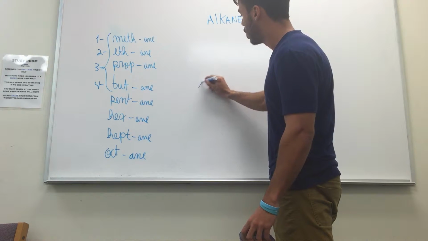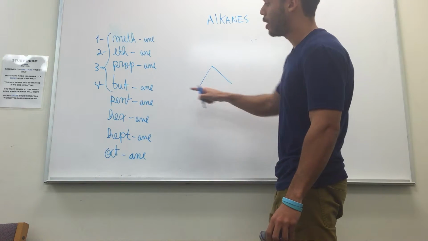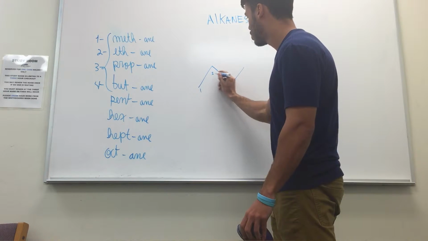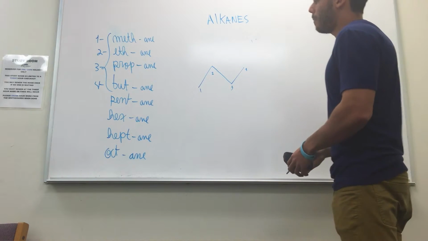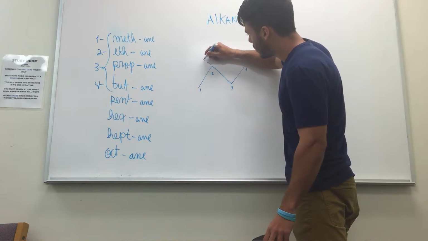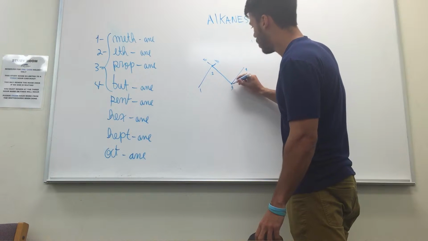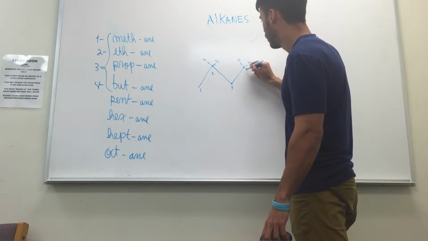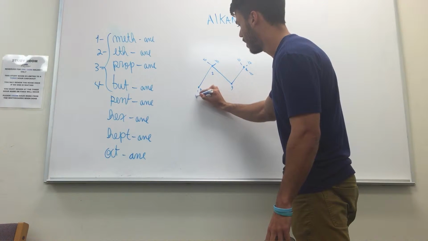Well, obviously, you're talking about a 3-carbon molecule, right? Butane, you're just going to add an extra carbon, so you have 1, 2, 3, 4. And there you go. You have a butane, all right? Don't forget, there's 2 hydrogens attached to this carbon here, which we're not really showing, as well as here. And there's 3 hydrogens attached to this carbon, as well as this carbon here, all right?